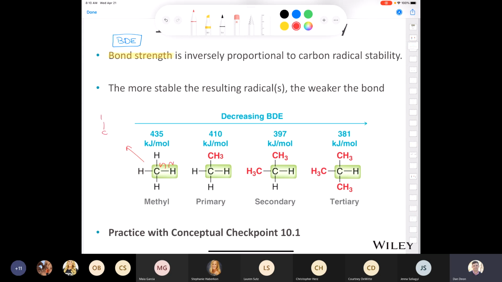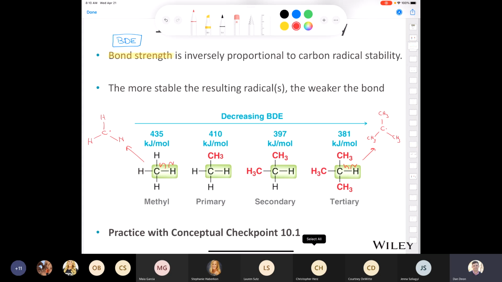I would form a methyl radical here. Okay, and I'm going to skip the primary and the secondary just in the interest of time. And if we were to do the same thing here, what do we end up with in this case? We end up still with a carbon radical. Now it's surrounded by 3 methyl groups. And I think by now you should be getting the idea that a tertiary radical is going to be more stable.